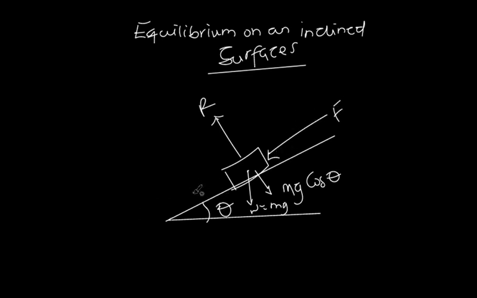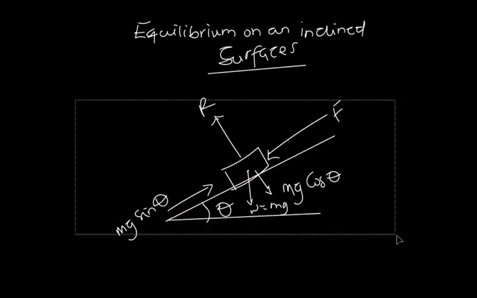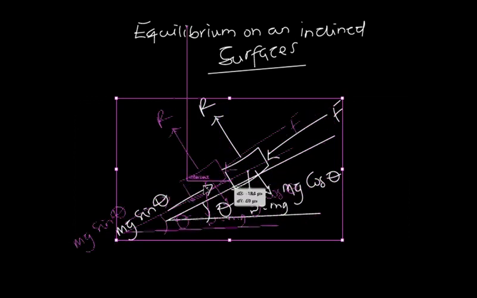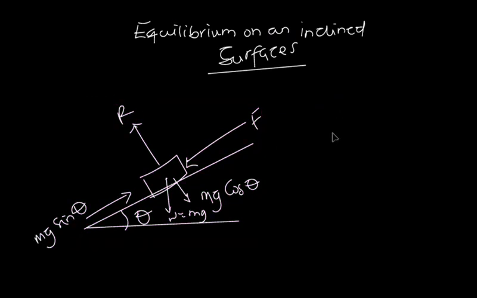There is another force acting in the opposite direction of the frictional force, and that is given by the product of the weight, mass times gravity, sine theta, the angle we have over here. In this example, these are the forces that act on any body on an inclined plane.